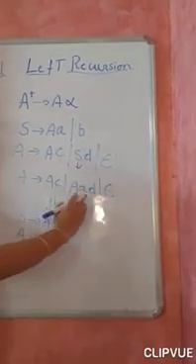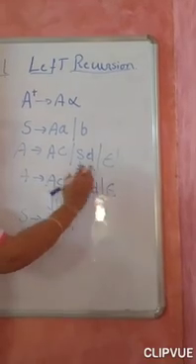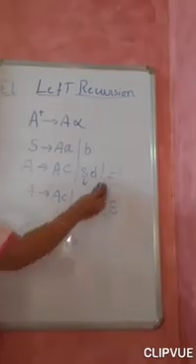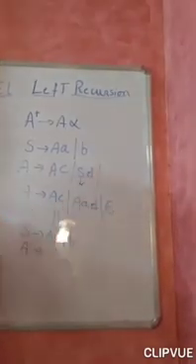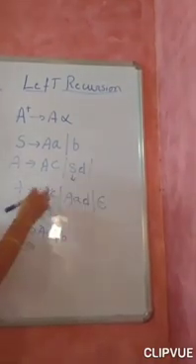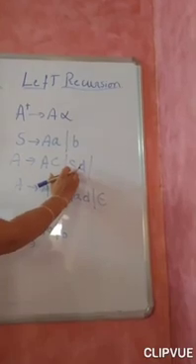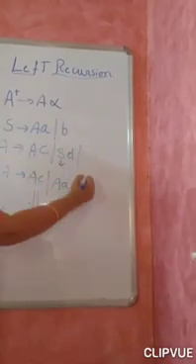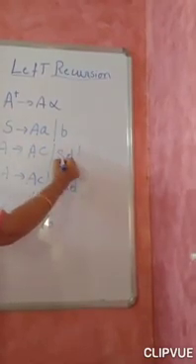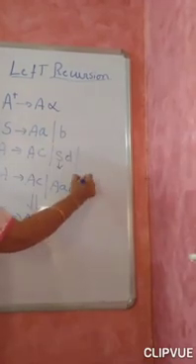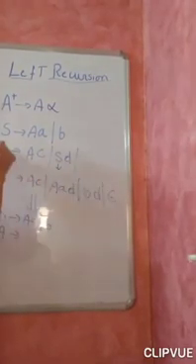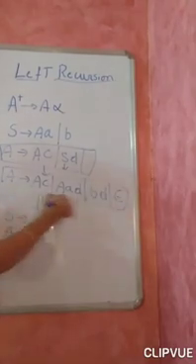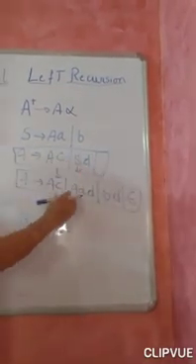So S determines, we have replaced it with A a, and here there is one more substitution we need to do for this, that is A c. A determines A c, here instead of S we are writing A a d, and there is one more S determines b. So now I am substituting for this production, that is b d, and then epsilon. So this particular production now we have converted into this production, after substituting for the S.